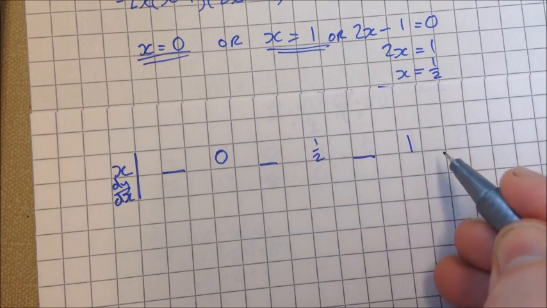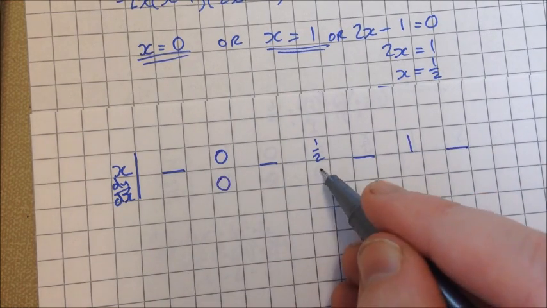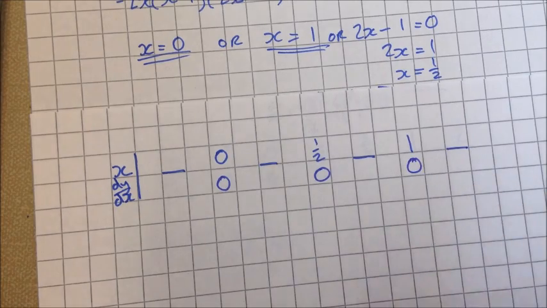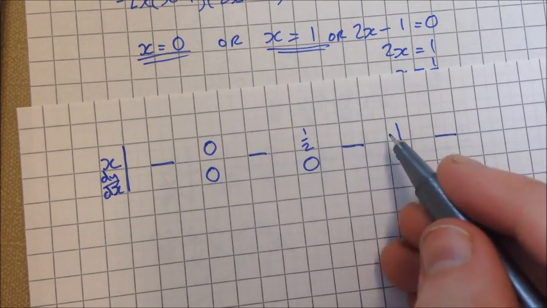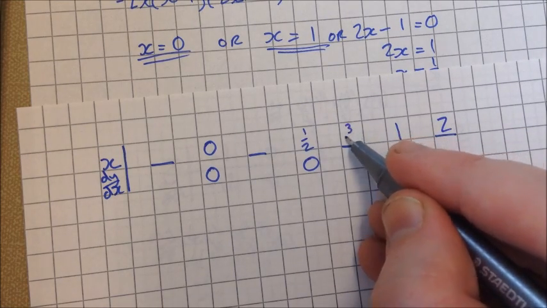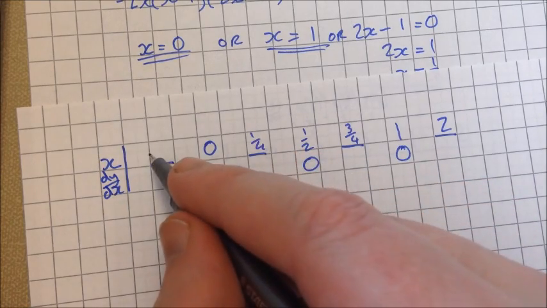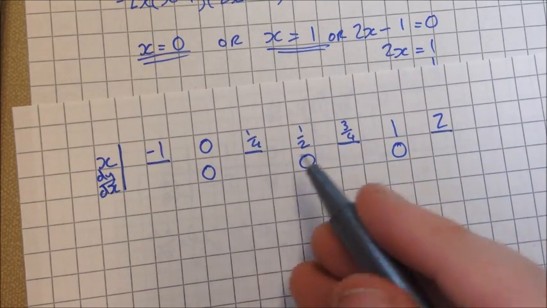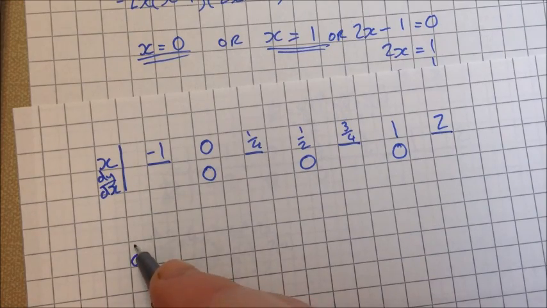This is where 1 is going to go, and a value to the right of it. So we know all of these values are zeros. These other values are things in between. So we'll call that 2, we'll call that 3/4, we'll call that a quarter, and we'll call that -1. I'm trying to pick whole numbers where I can to make it a little bit easier.